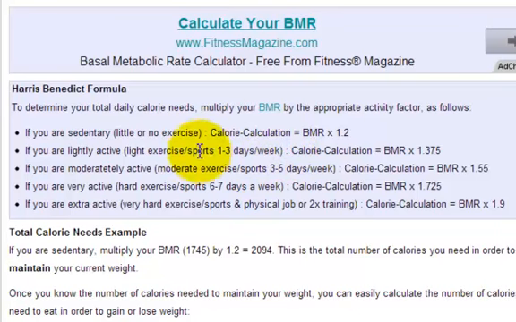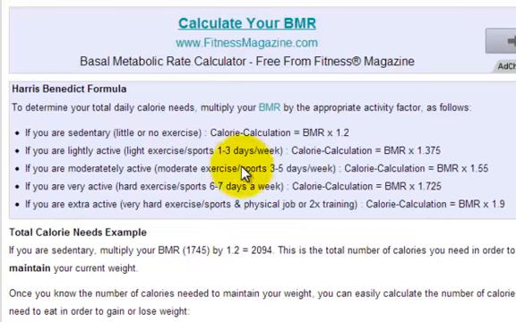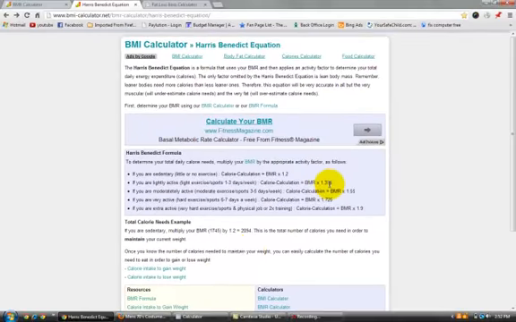What you need to do with the number that we just got from this page is figure out whether you do little or no exercise, light exercise, moderate exercise, hard exercise, or very hard exercise, and multiply your BMR by that number.